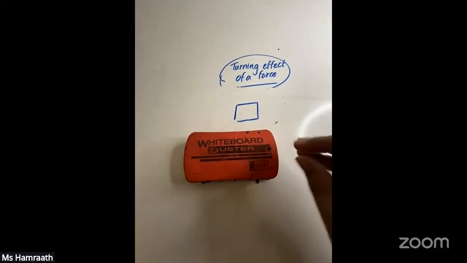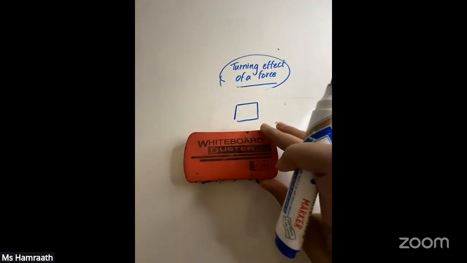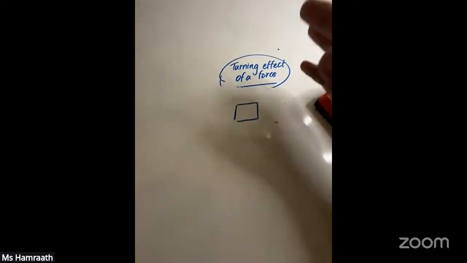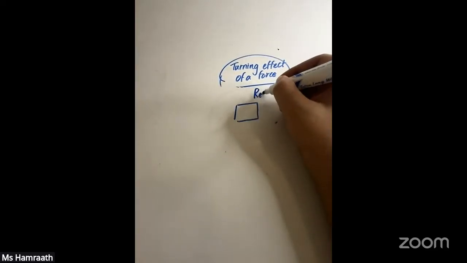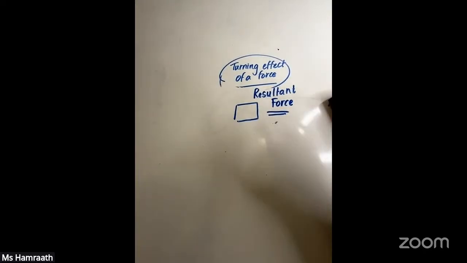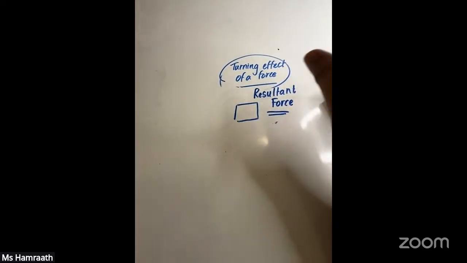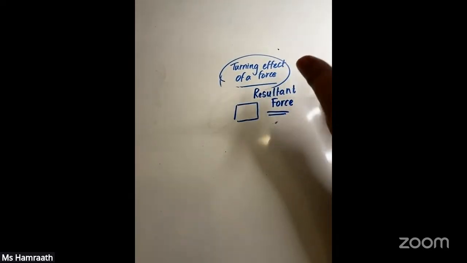If I just give a small force, will it move? No. Always remember, if an object has to move, there should be a resultant force, not just a force. If an object has to move, it does not need just a normal force, it needs a resultant force.